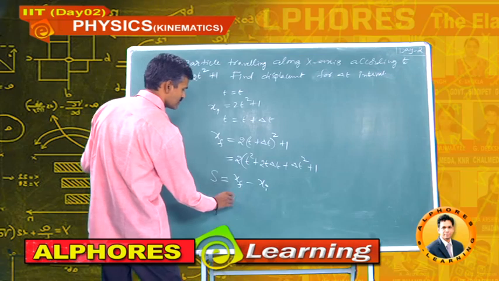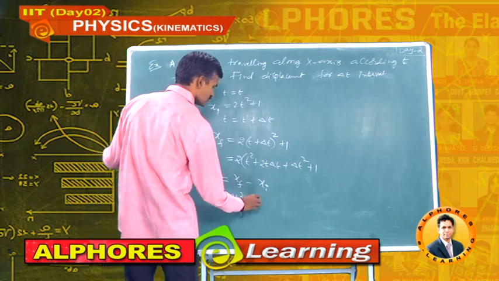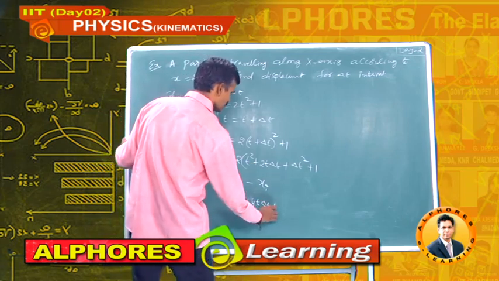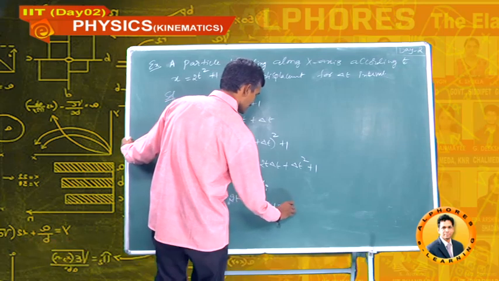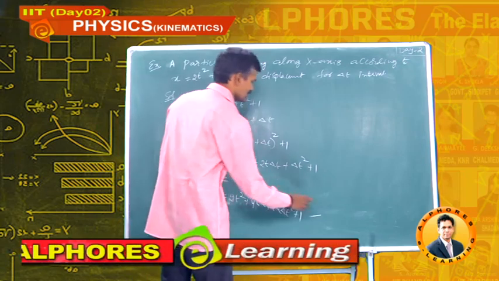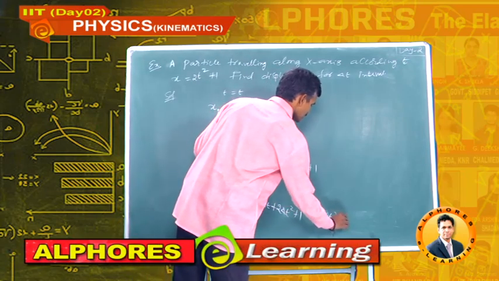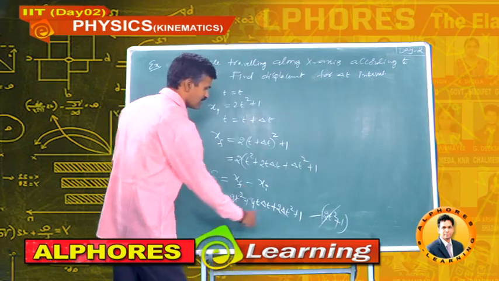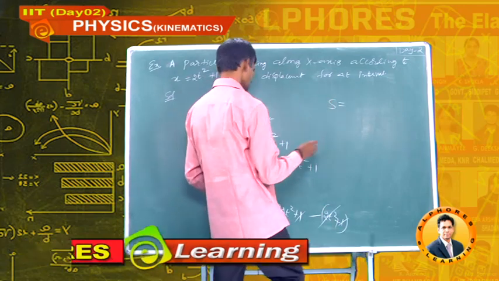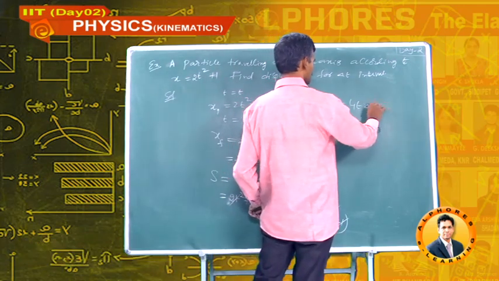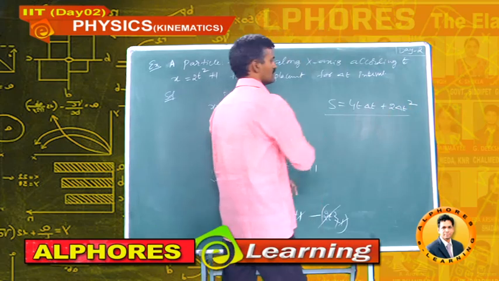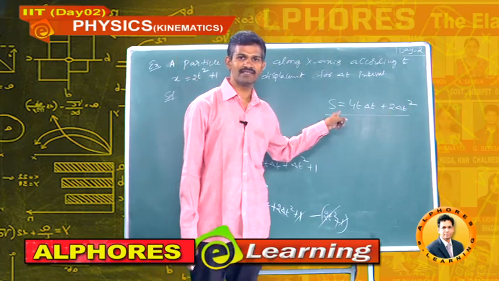This is 2t square plus 4t delta t plus 2 delta t square plus 1, minus x initial, that is 2t square plus 1. The 2t square gets cancelled, and 1 also gets cancelled. So our displacement is 4t delta t plus 2 delta t square. Like this we can calculate the displacement.